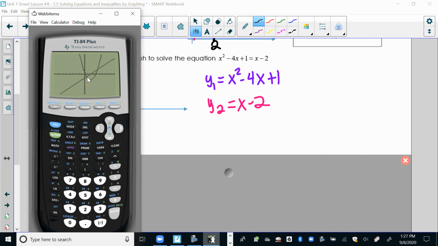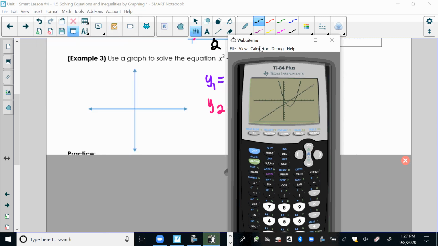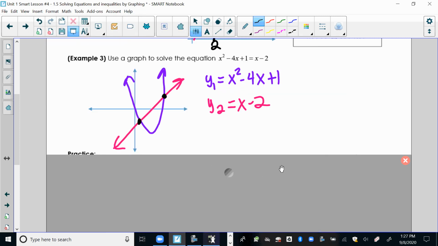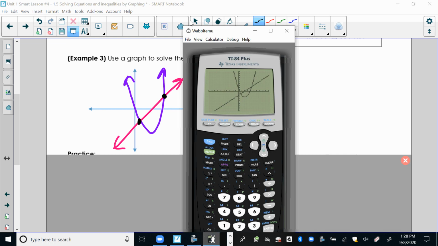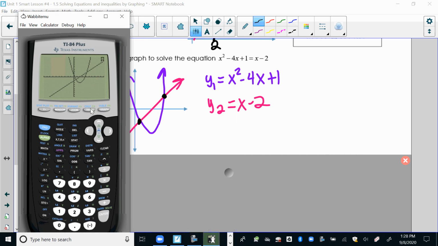So notice I have two intersections. I'm going to roughly sketch that graph to visualize this, and I'm going to need to find those two intersection points, because the x values of those intersection points are the solutions. So second, trace to get to the calculate menu, and calculate my intersection.